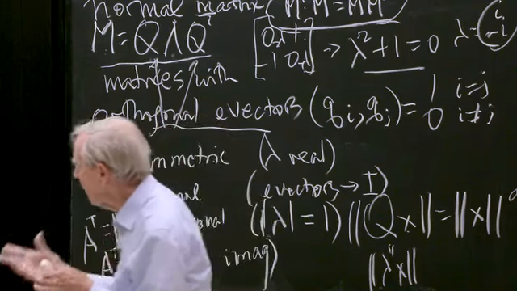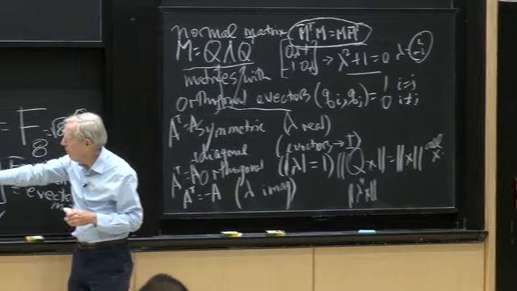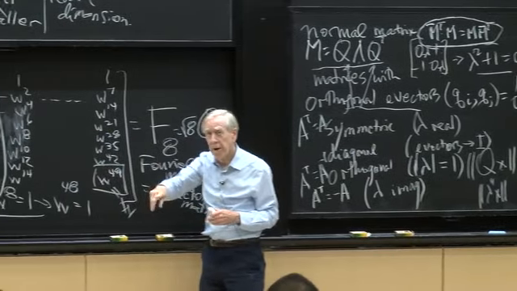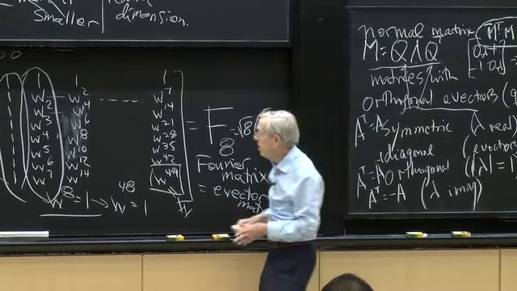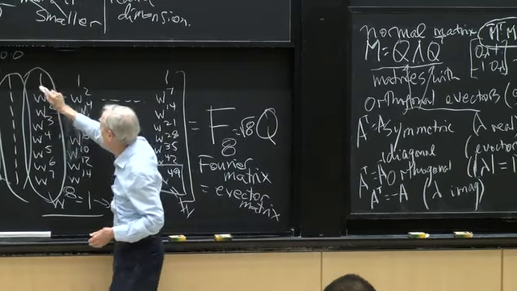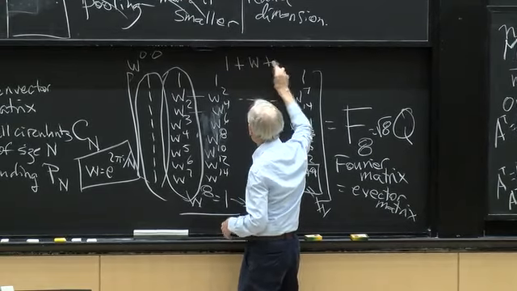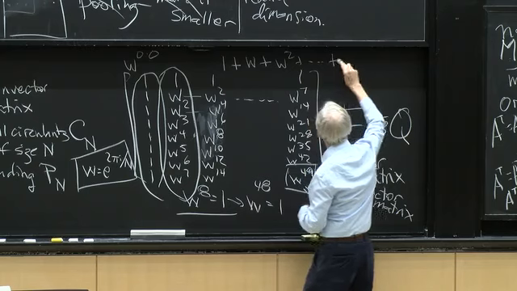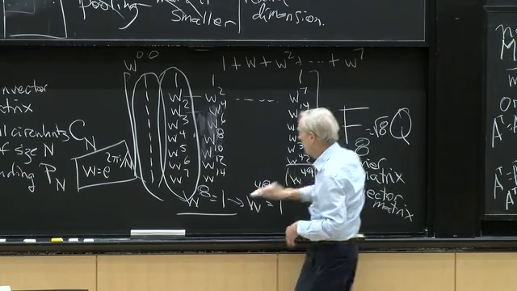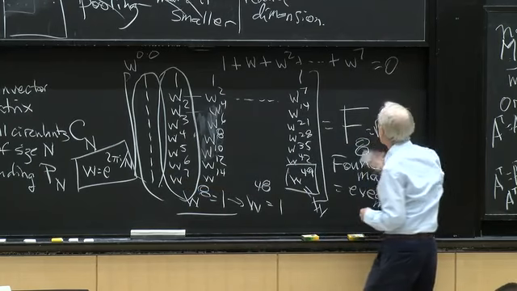But I'd like to see directly, why is the dot product of the 0th eigenvector and the next eigenvector equal to 0? Let me take that dot product. 1 times 1 is 1. 1 times W is W. 1 times W squared is W squared, up to W to the 7th, where I finish, equals 0.